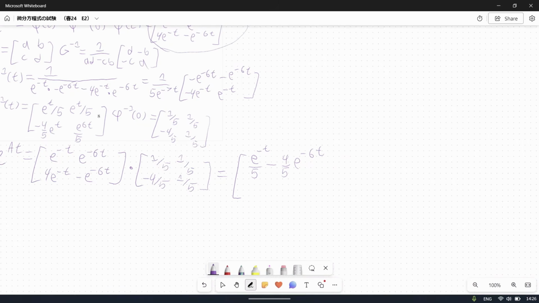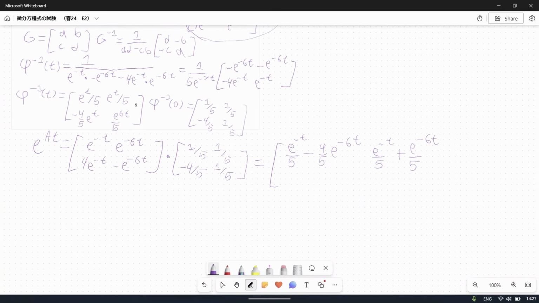And then for the top right term, we need to take the dot product of this row with this column. So what that ends up looking like is e to the negative t over 5 again, plus e to the negative 6t over 5. And then for the bottom left, we're going to take the dot product of this row with this column.